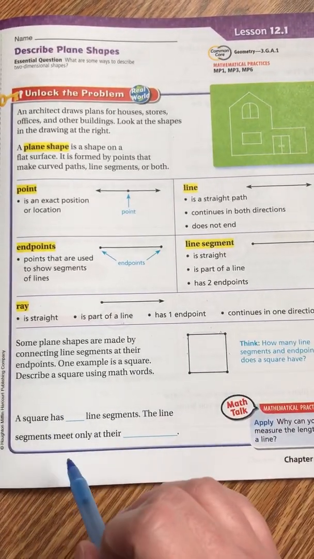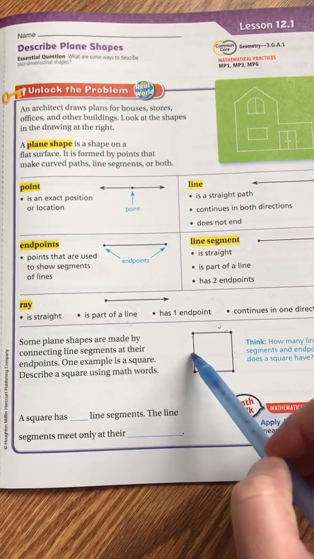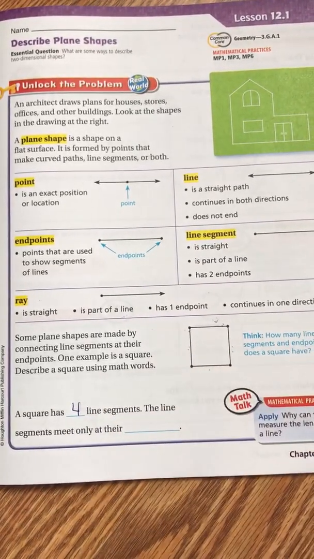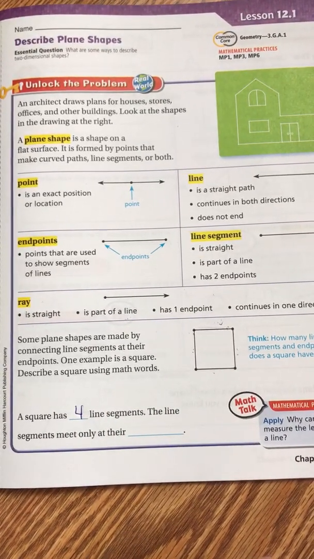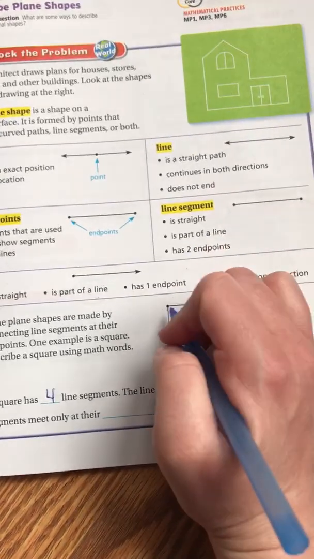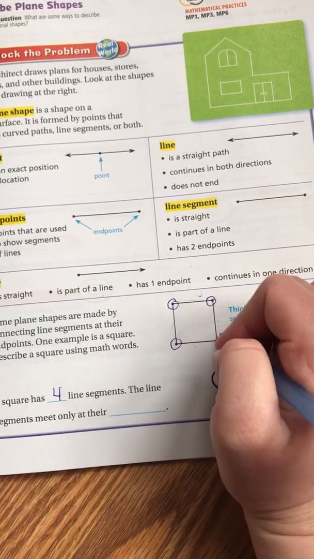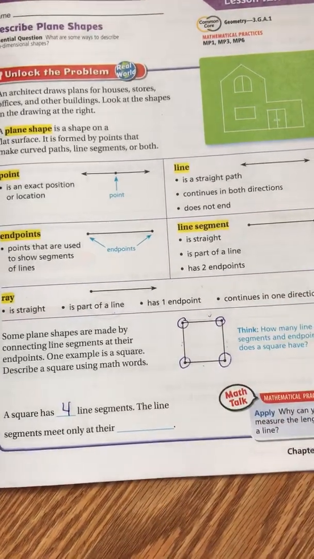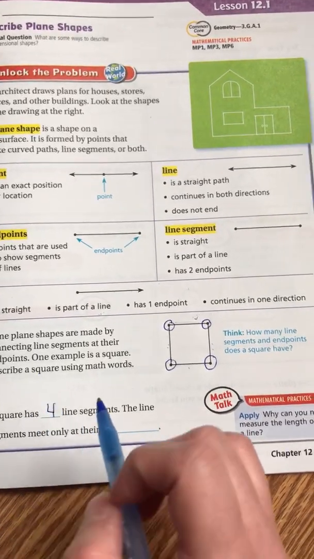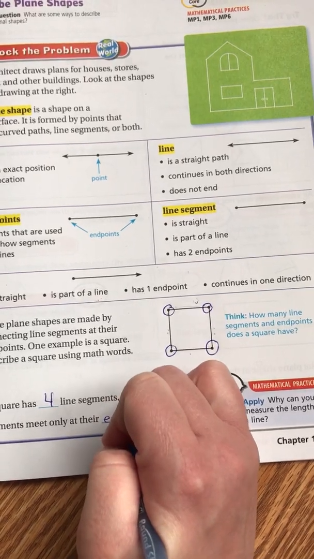So a square has 1, 2, 3, 4 line segments, okay? The line segments meet up only at their what? So where are they meeting at? They're meeting right here, which those would be our endpoints, okay? They're meeting at the endpoints. So we're going to put endpoints here.